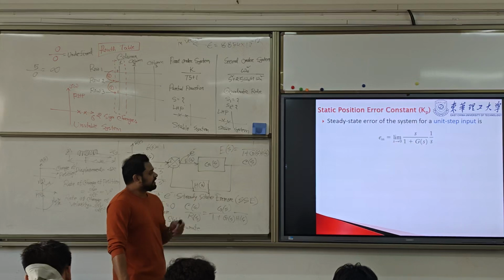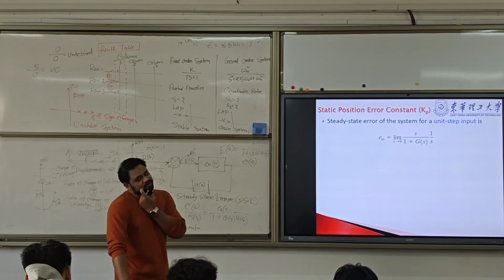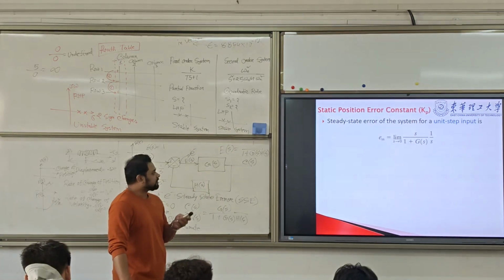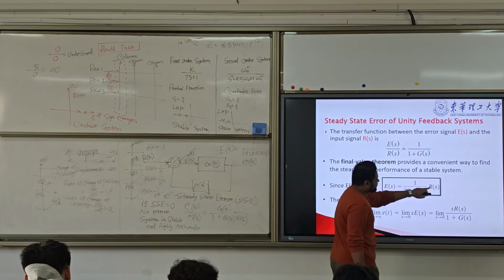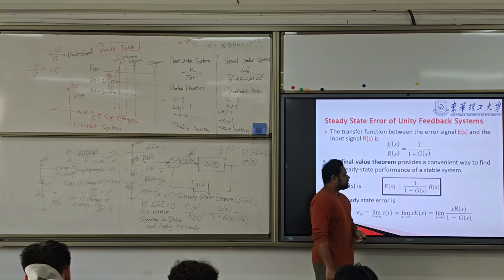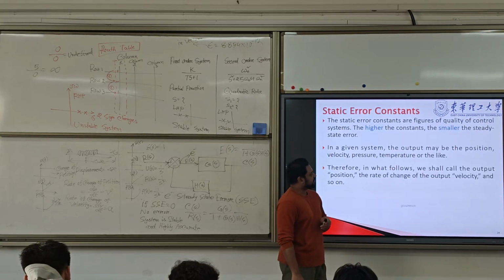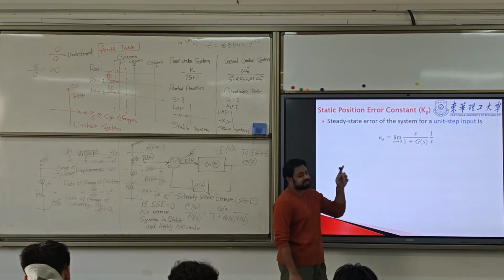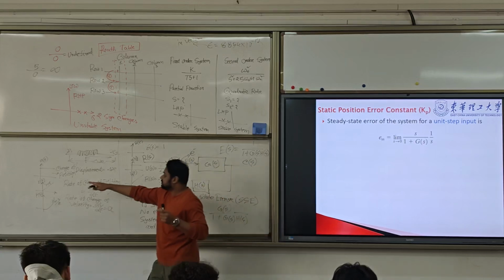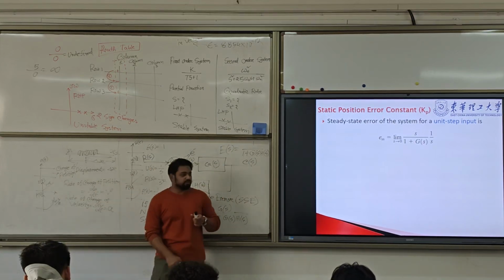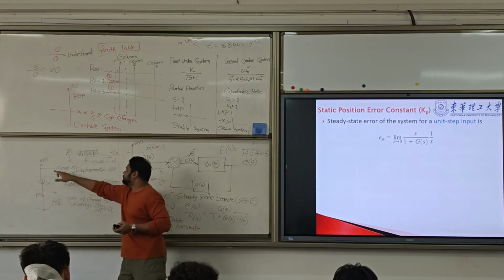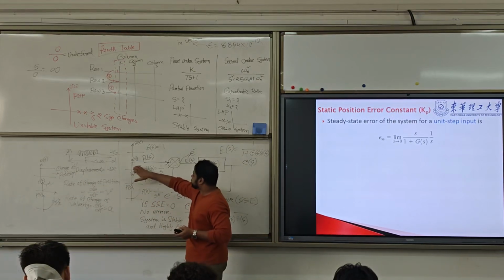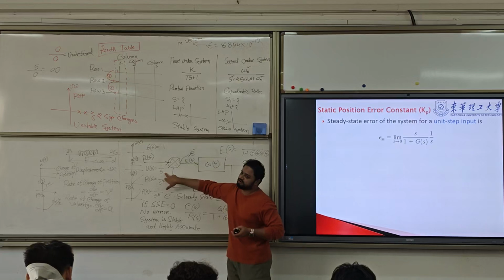Now let's apply the different inputs in the R(S). Suppose for this R(S), let's apply a unit step. This unit step u(t) is equal to 1 by S, we already know.